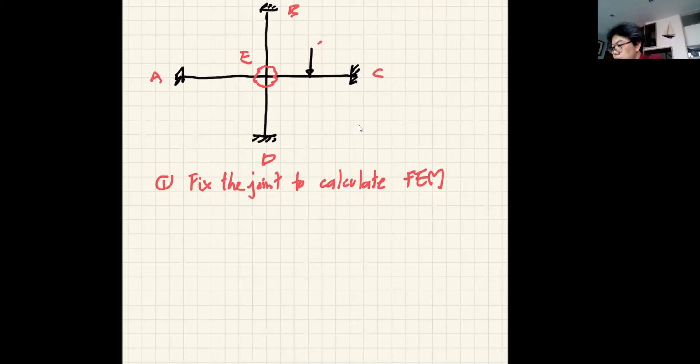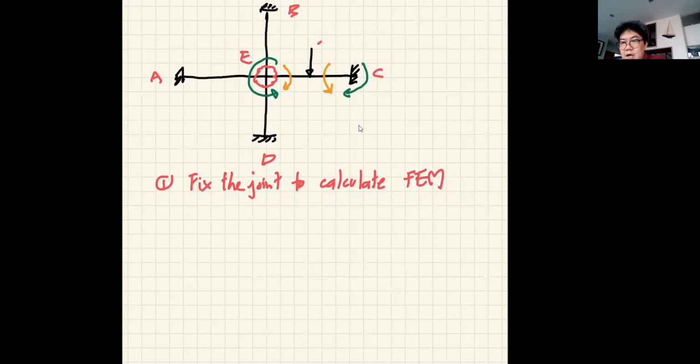So if joint E is fixed, this load will create moment in this direction, correct? But in slope deflection, we are always interested in resisting moment. So if this is the direction of the moment that this load produces, your resisting moment will naturally be in the opposite direction.